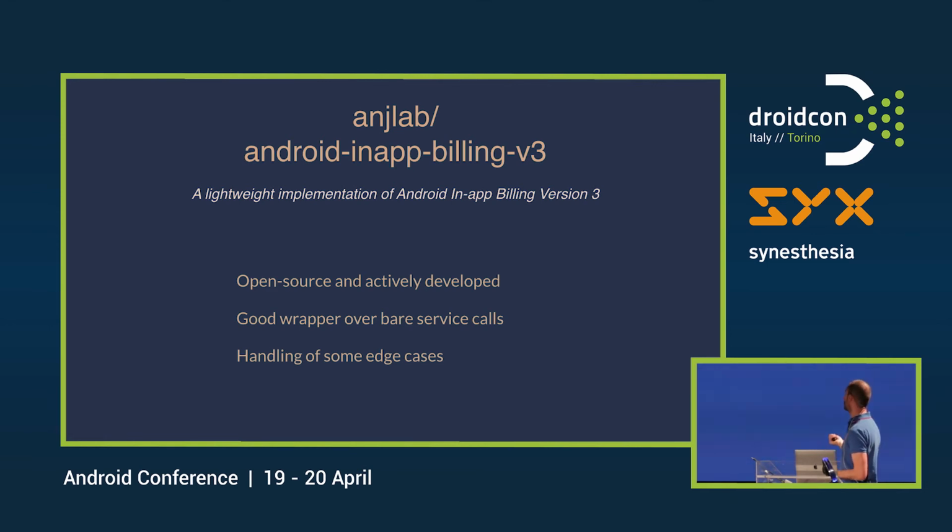And we chose this one. It's called Android In-App Billing v3, so not the fanciest or most original name, but it did the job perfectly. It still is, I think, probably the most starred library for Android when it comes to in-app billing tools. And it's open source. It was actively developed at the time, when the playbilling library didn't exist.